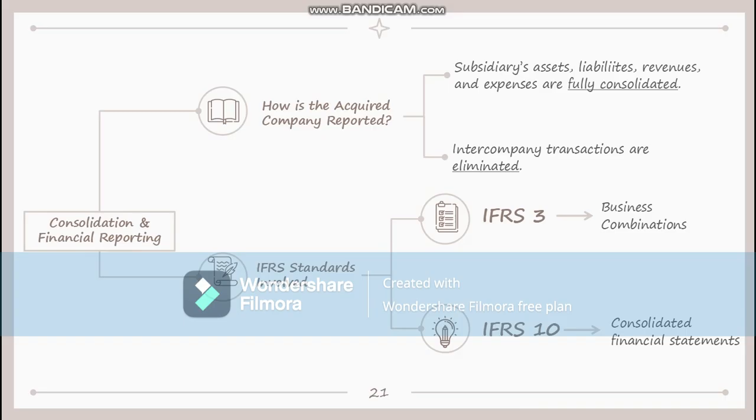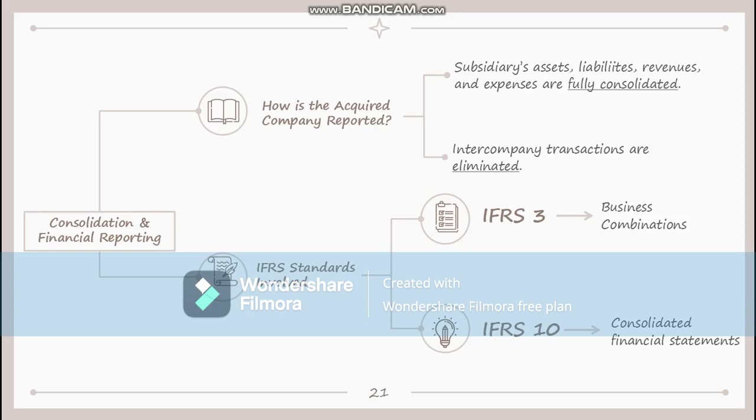Number two is goodwill impairment testing. Goodwill is a unique asset that represents the extra value paid during the acquisition above the normal value of the company. Unlike other assets, goodwill is not reduced in value over time through amortization. However, it needs an annual test to see if its value has decreased.